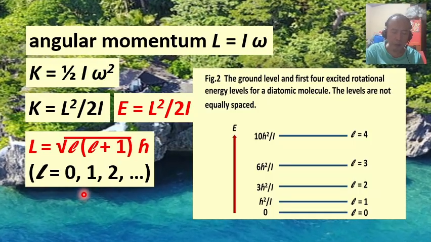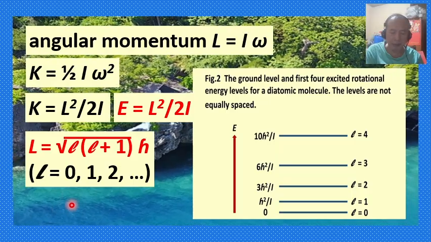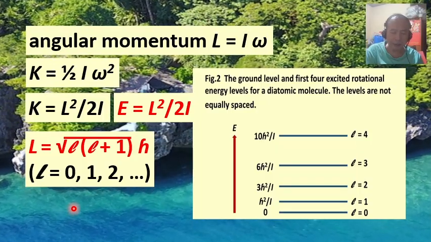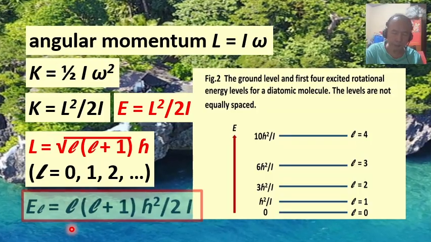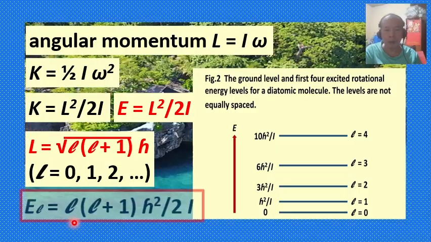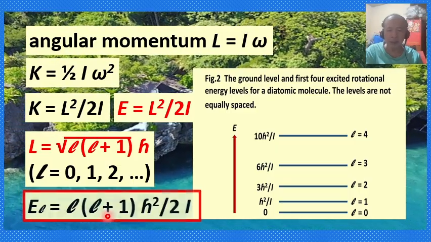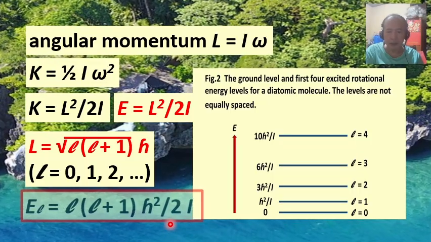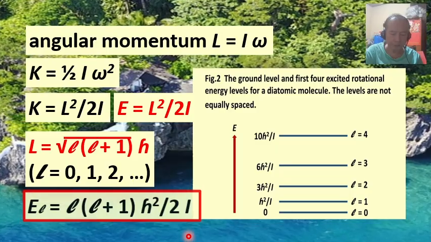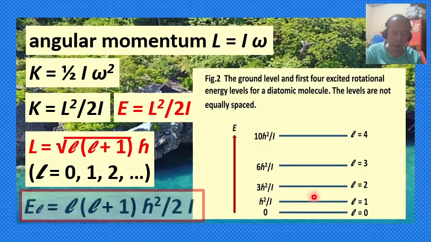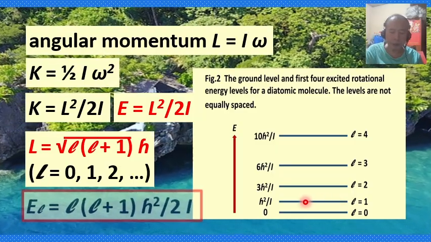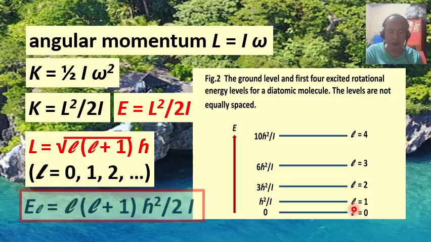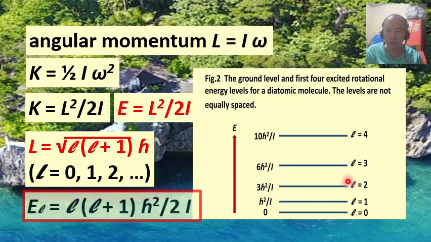So again, when you combine the two equations for energy, capital E, and angular momentum, capital L, we obtain the equation for the rotational energy levels, E sub L, equal to the angular quantum number small l times quantity l plus 1, multiplied by h bar squared divided by twice the moment of inertia, capital I. As shown in figure 2, we have the ground level, small l equals 0, and the first 4 excited rotational energy levels for a typical diatomic molecule.